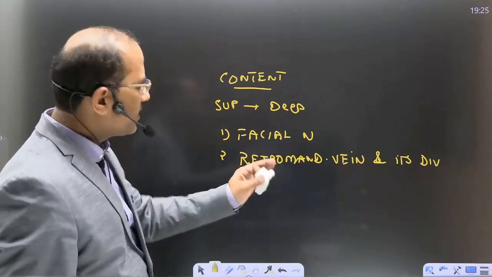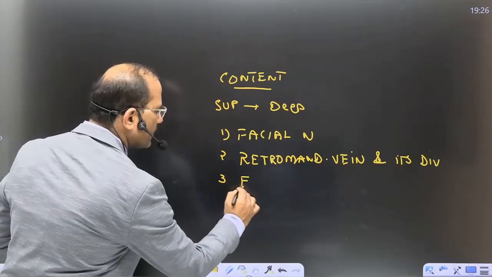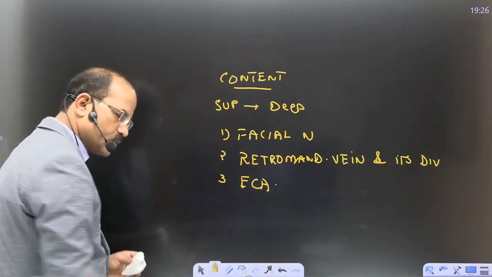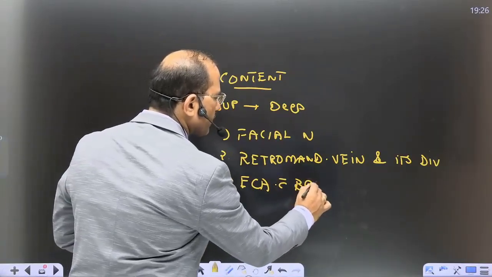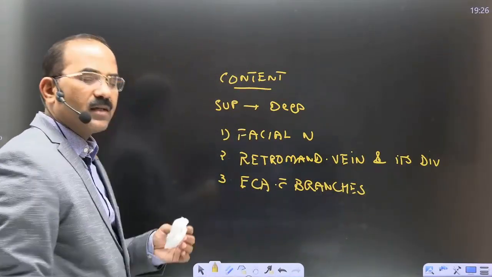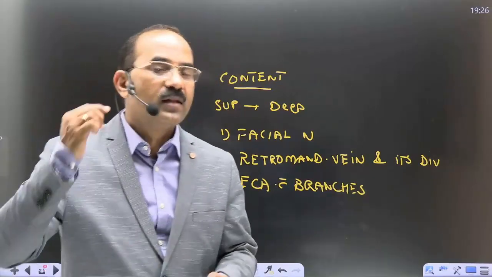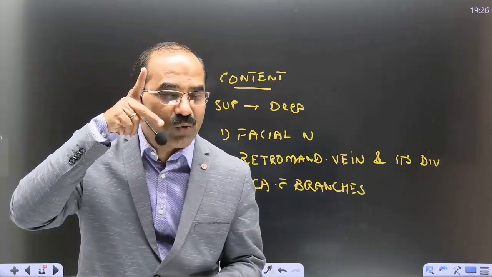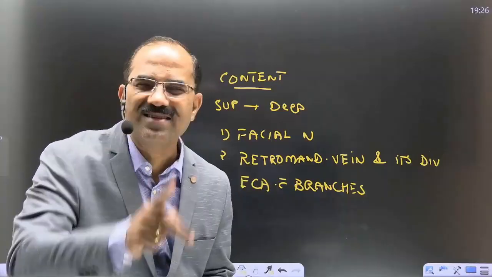They lie within the parotid gland, and the deepest content of the parotid gland is the external carotid artery with its terminal branches. The external carotid artery divides into two terminal branches within the gland, the superficial temporal and the maxillary.